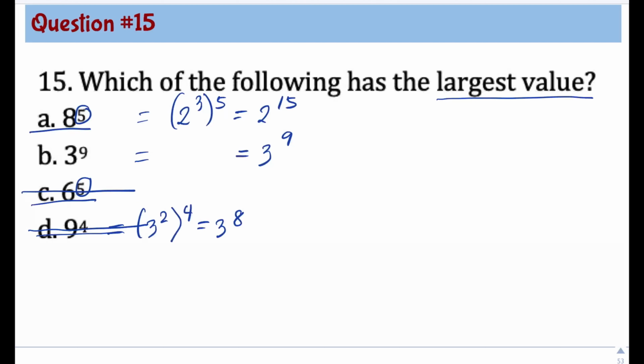But if you look at the bases, they are almost the same, 2 and 3. But the exponent of 2 is way bigger compared to the exponent of 3. So here, the answer should be letter A. And you can always check this by multiplying 2 by itself 15 times and 3 by itself 9 times. And it's going to be a long process.